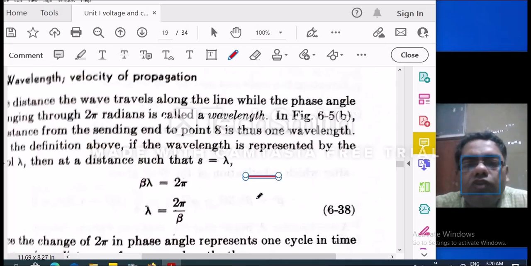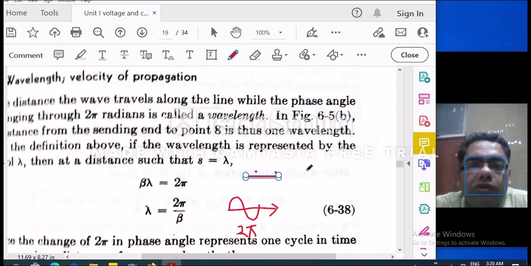We know that when the wave travels 1 lambda distance along the length of the line, the phase change is 2 pi, because traveling one full lambda is equivalent to a phase change of 2 pi. So for unit length distance, the phase change is beta.